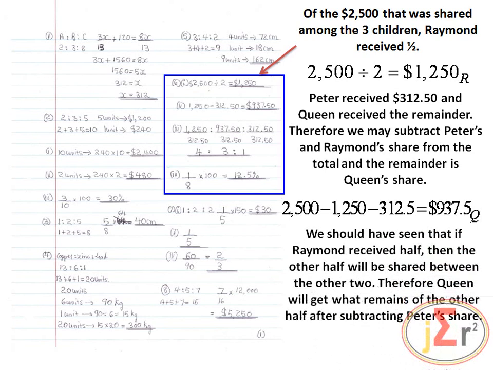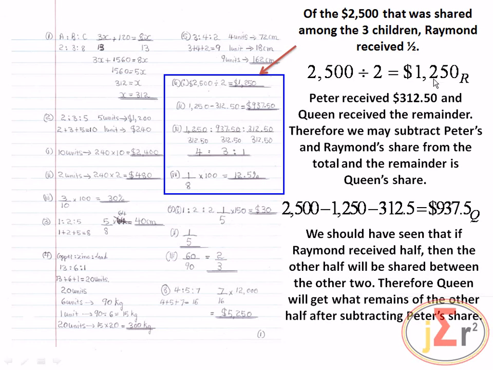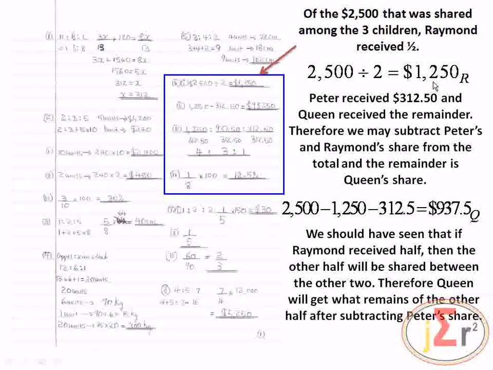However, we should have seen that if Raymond receives half, then the other half will be shared between the other two. Therefore, Queen will get that which remains of the other half after subtracting Peter's share. If one person got a half of the amount, then the other half must be shared between the other two.